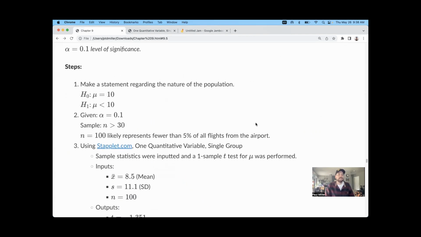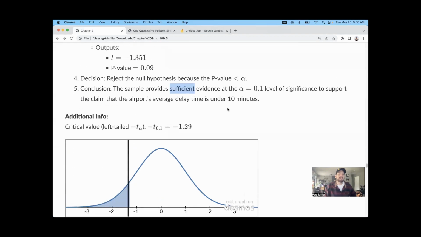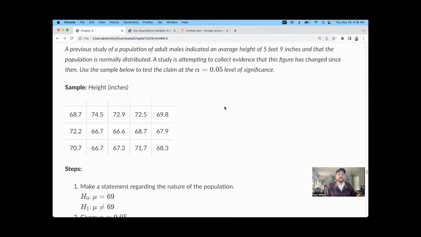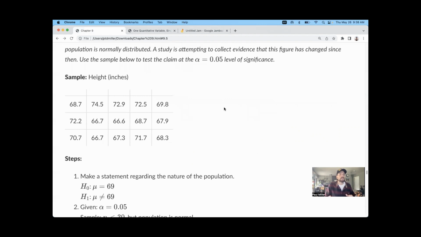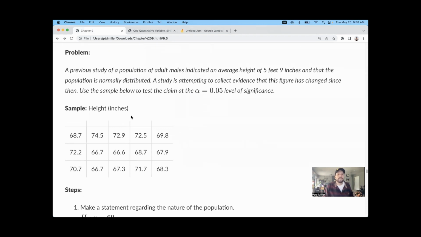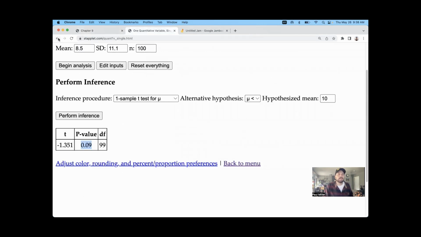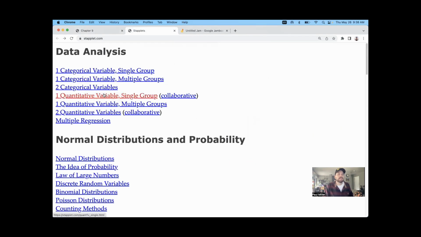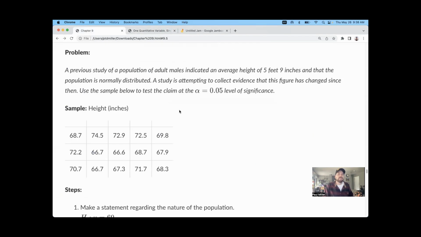So that's putting it all together for that first example. The second one, let's boil it down just a little more, go through it a little bit quicker, a little bit more directed. Right from the beginning, we're looking for a statement about the nature of the population.